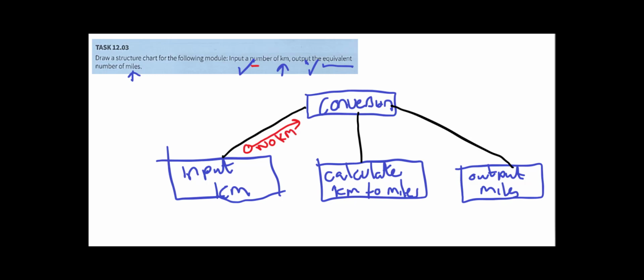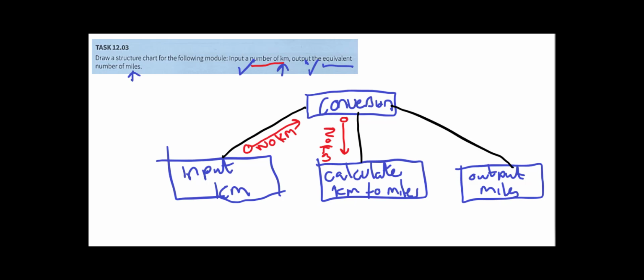So basically this. Now, in order for us to do this conversion, we need to pass the number of kilometers, so I'm going to do no km into this routine.